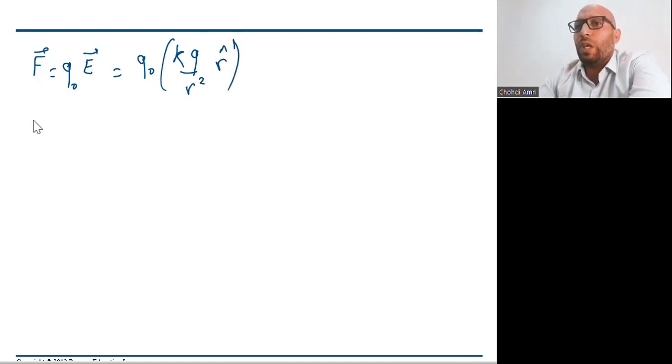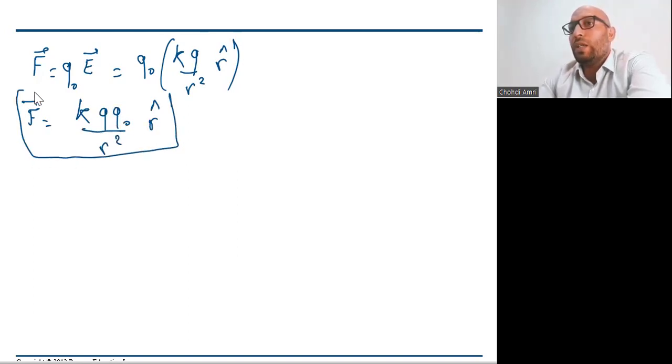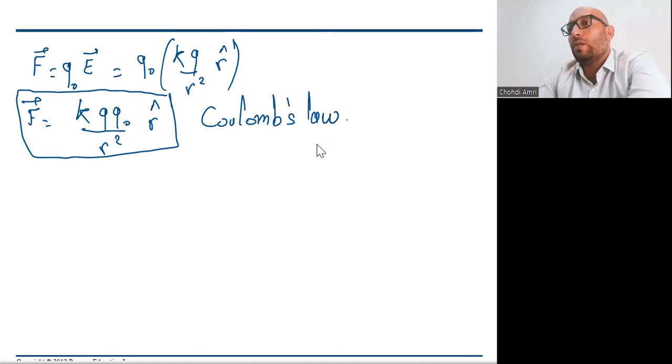So F equals K Q Q naught divided by the distance between them squared, multiplied by the unit vector r. What is this? This is Coulomb's law. So starting from Gauss's law, we can demonstrate Coulomb's law. Okay, and we are done.